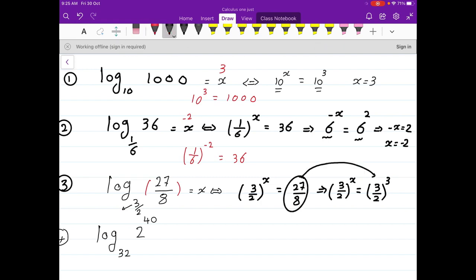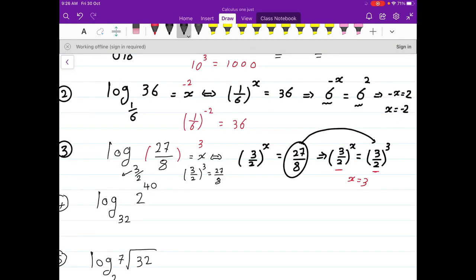Now, the bases are equal, so the exponents are equal. That means x equals 3. Now you find x equals 3. What does it mean? This means 3 over 2 to the power 3 equals 27 over 8.